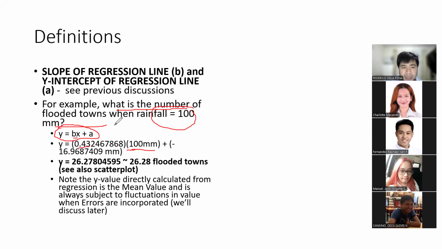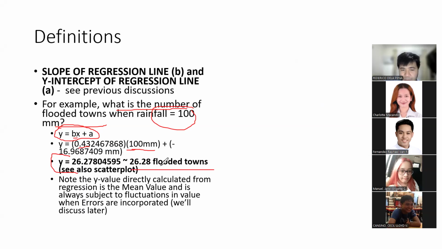And then a is your negative 16.96, from our regression stats. And the result is approximately 26.28. So we have 26.28 flooded towns whenever you have a rainfall of 100 millimeters.